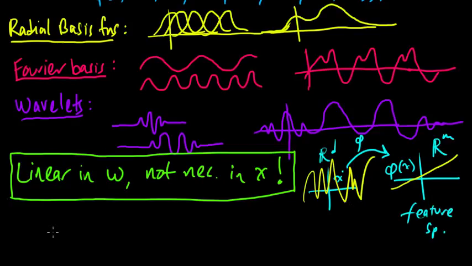So you can think about this as doing the following: we had our original x and we took phi of x. Let's call that z.